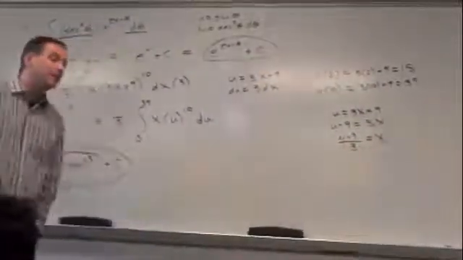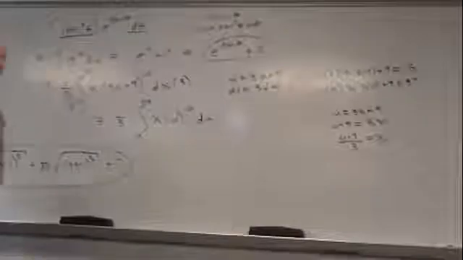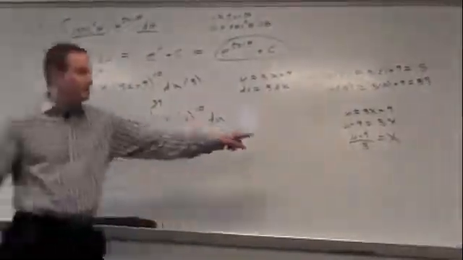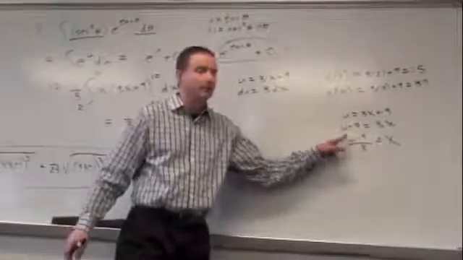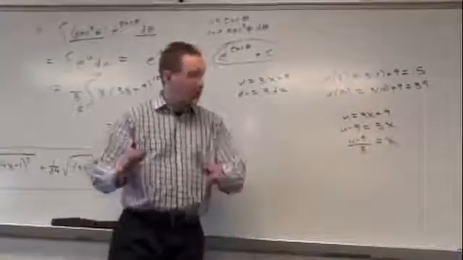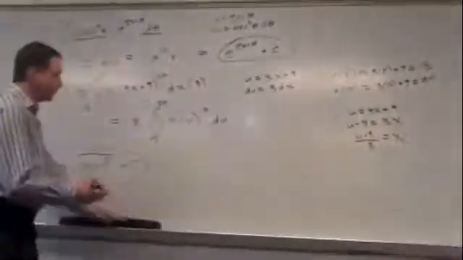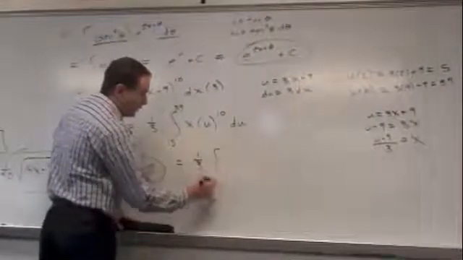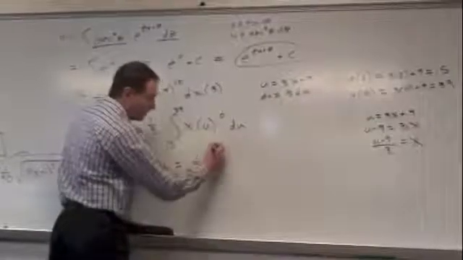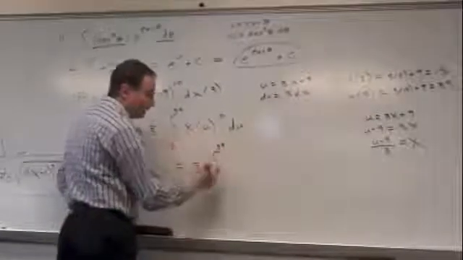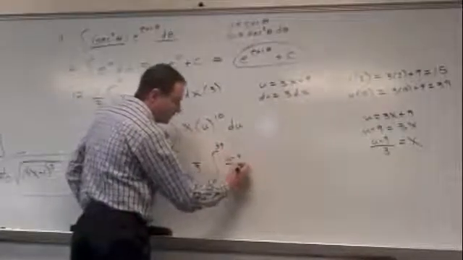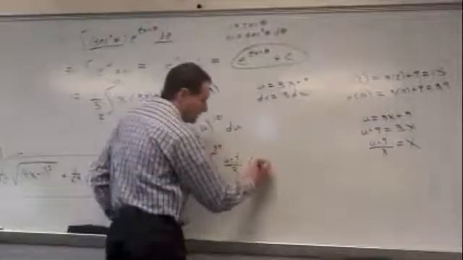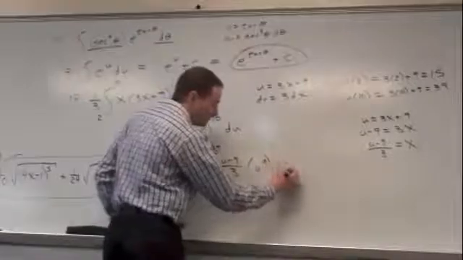Now let's do this one the more efficient way than what I did before. Before I said, hey, let's distribute that 3 up into this and call it 1/3 u minus. That's fine. It works. The more efficient way is if I leave it like this and I say I have 1/3 the integral from 15 to 39. x is nothing more than (u minus 9) over 3. I'll be multiplying that by u to the 10th du.